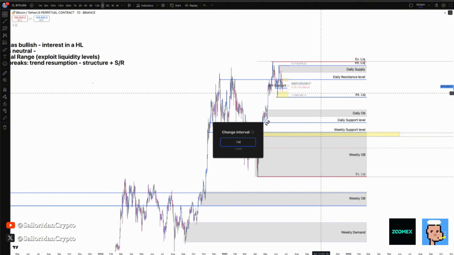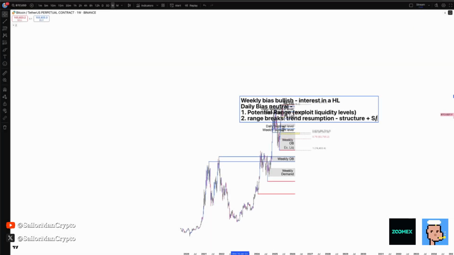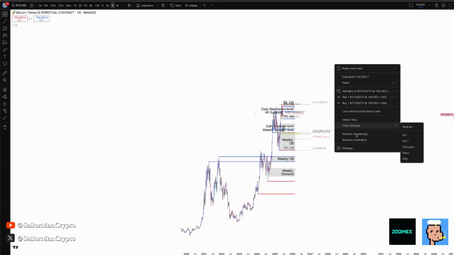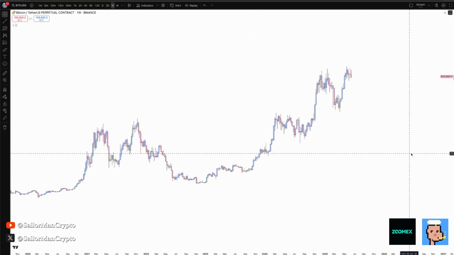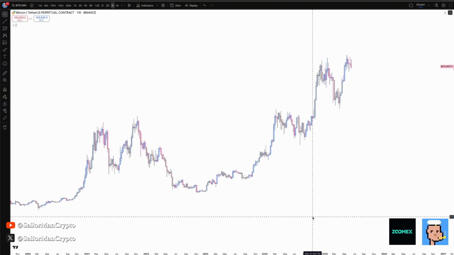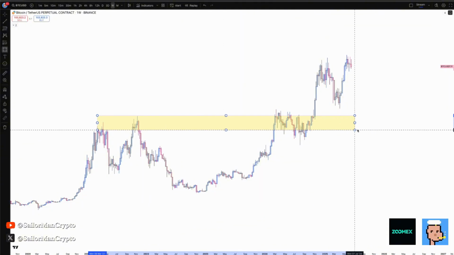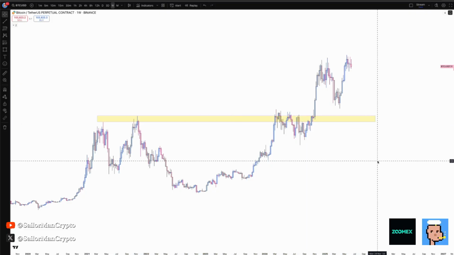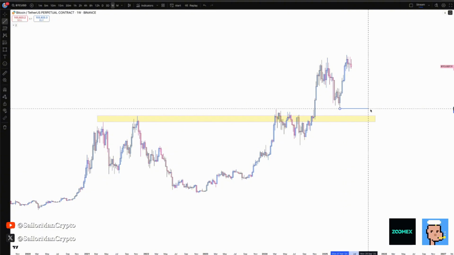So just to sum up the video, a few points. Always start drawing levels from the weekly, to have the high time frame and use its strength, because it is not giving noise. Always differentiate, as we have here, old price action that is relevant support and resistance levels, and new price action for levels that have been unswept.